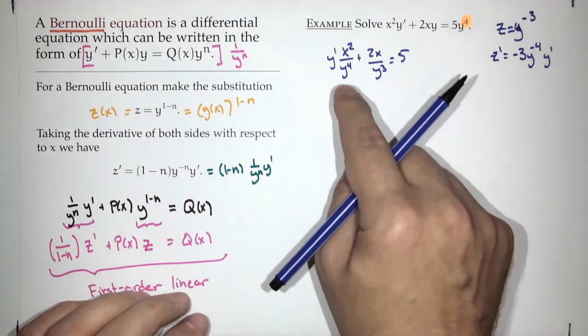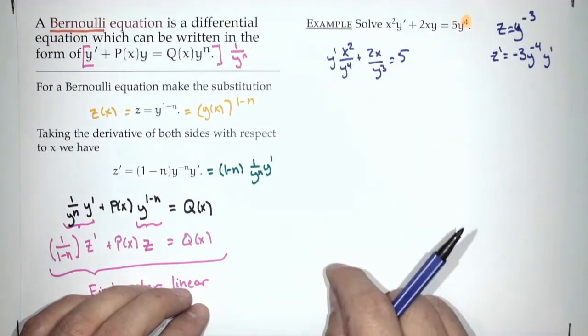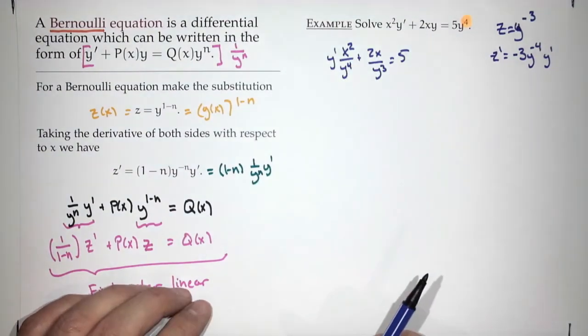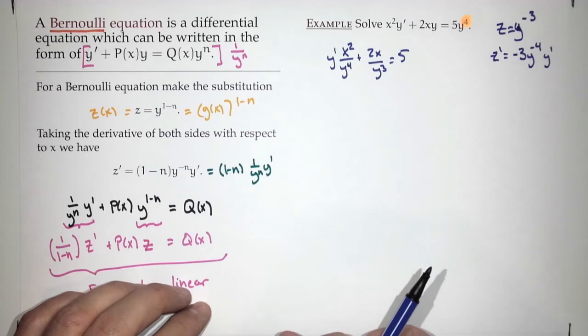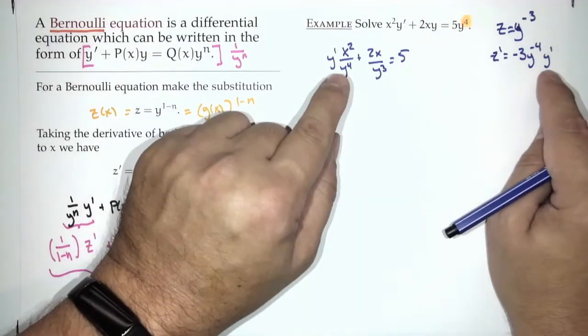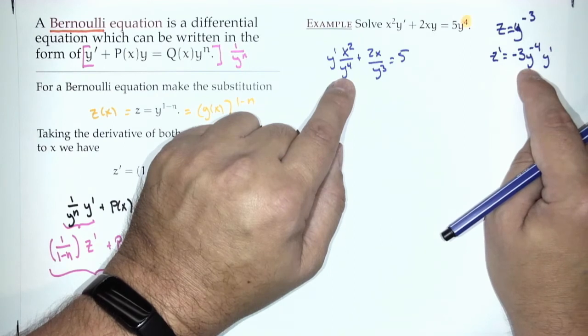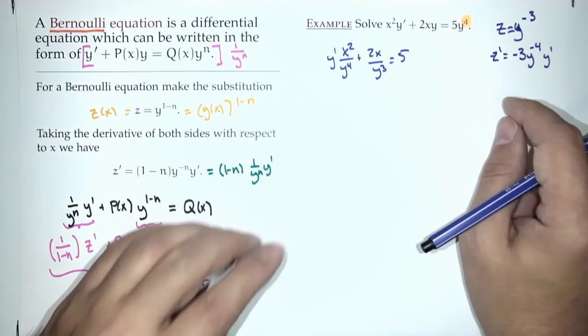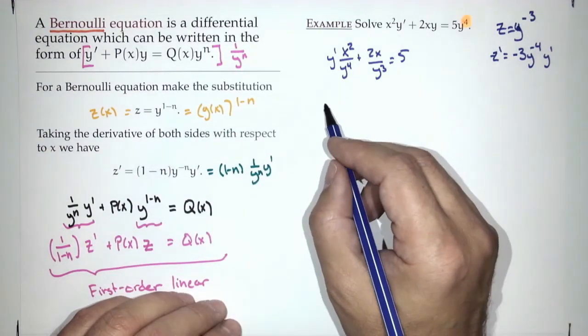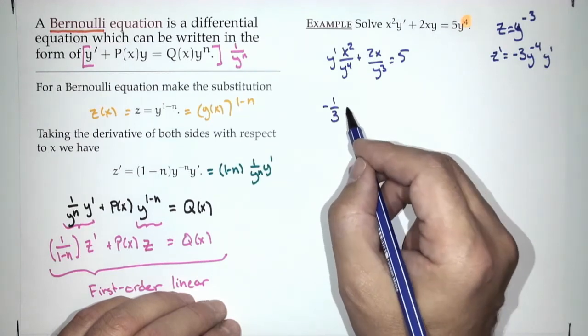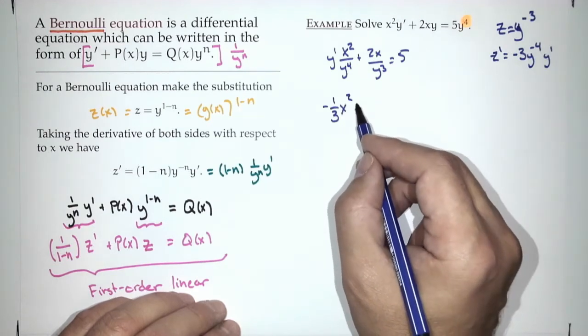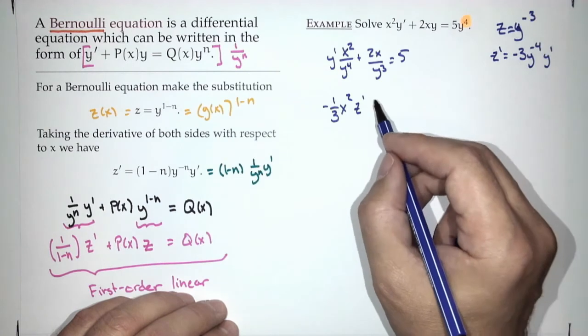So, what does the first term become? If we're being careful here, we want to make sure we get all our points. So there's the y prime, y to the 4th downstairs. So what's left? Negative 1/3. There's the x squared, z prime.